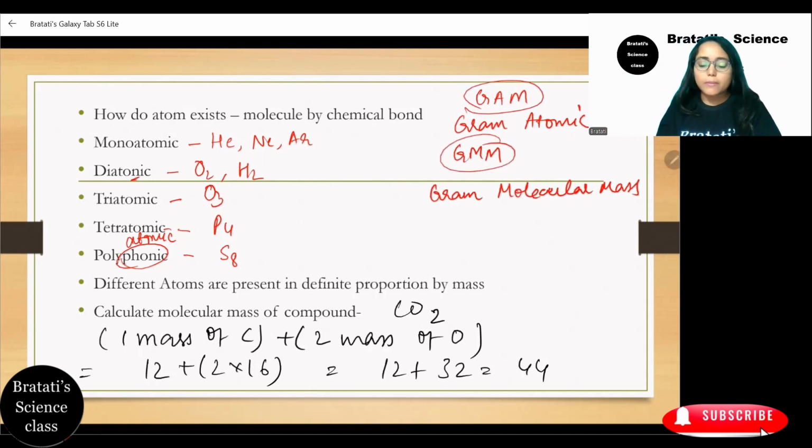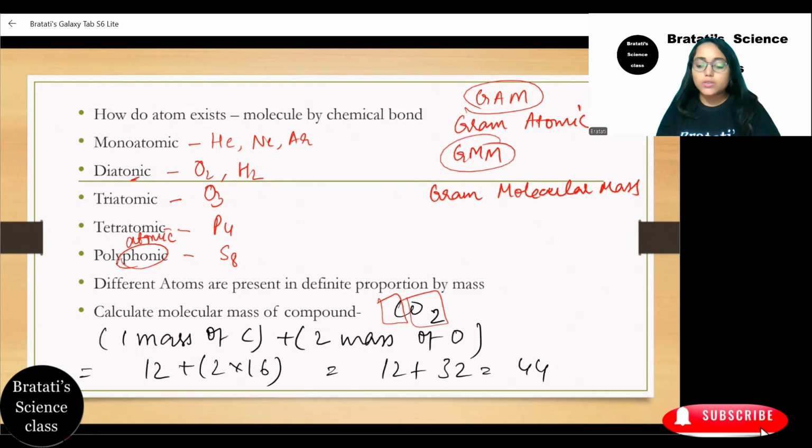Now calculate the molecular mass of a compound CO2. So in CO2, one mass of carbon plus two mass of oxygen. The atomic mass of carbon is 12 AMU, and the atomic mass of oxygen is 16.